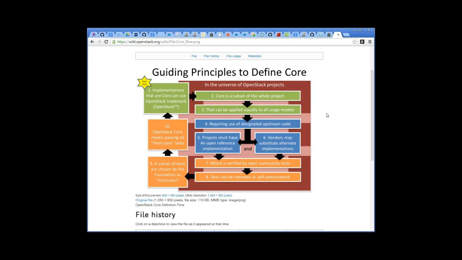And then there's the commercial use of the mark for things that are currently called either powered by or built for or OpenStack distro. And that is what the definition of core process is intended to protect. There may also be future marks that don't require designated sections at all, but all we're trying to deal with right now is the existing commercial marks and their use of designated sections.